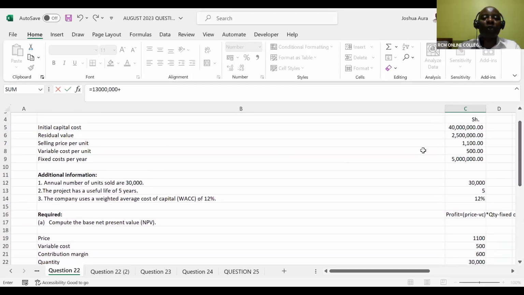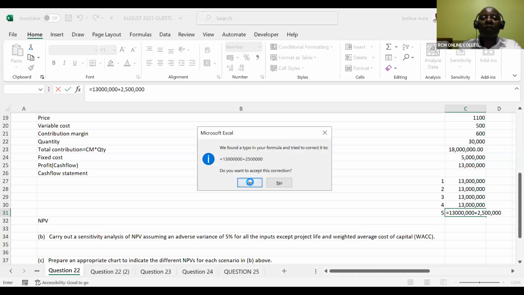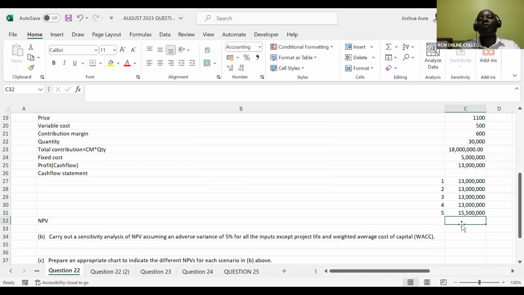It is here, residual value is 2.5 million. So go back here, residual value, you add here. It is 2,500, like that. You say enter, no typos. So 15.5, like that. Now we are in a very good position of computing the net present value. Now we have our cash flows here. So how do we get our net present value? I'll write it here first, and then I'll come and use the net present value function.